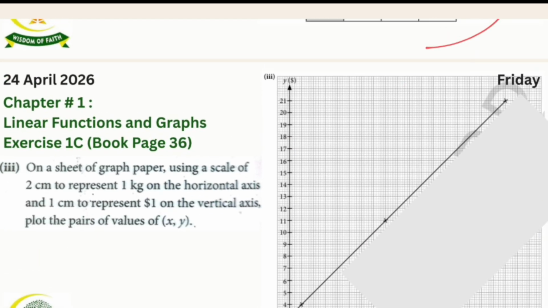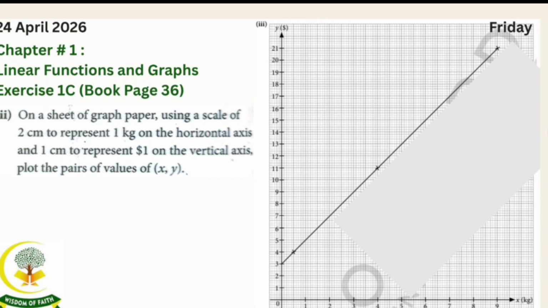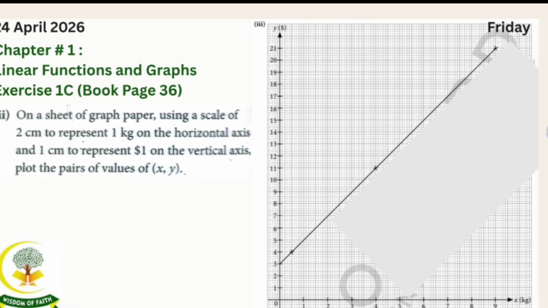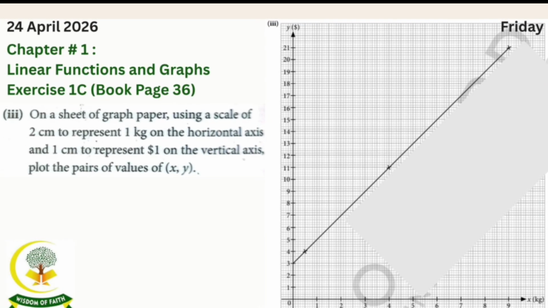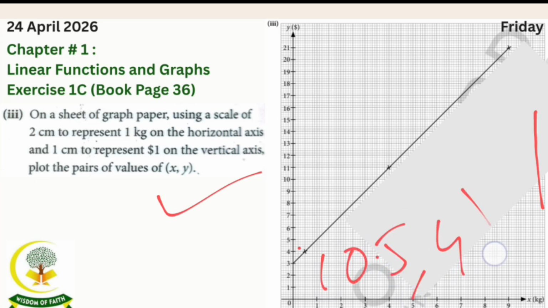Now we are moving on to the next question. Question number 3. On a sheet of graph paper, using a scale of 2 centimeters to represent 1 kg on the horizontal axis and 1 centimeter to represent $1 on the vertical axis, plot the pairs of values. How do we have to plot it? Whatever values you found, you just need to plot here. The first value was 0.5 and 4, right? 0.5 is for the x-axis and 4 for the y-axis.